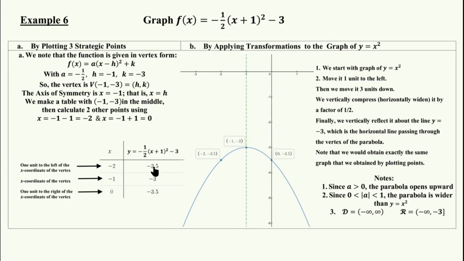Then you find the corresponding y values, and you have the 3 magic points that are going to help you get a really nice picture of this parabola. The other way, of course, is by doing the various transformations which you have studied in this video.